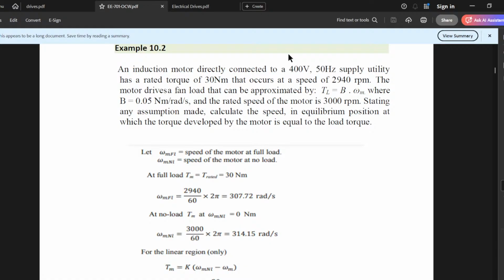And at full load, omega will be 2940 upon 60, times 2π. Torque at full load is equal to torque rated, which was 30 Nm. Okay, got it. At full load, speed was 2940 RPM, in radians it is 307.